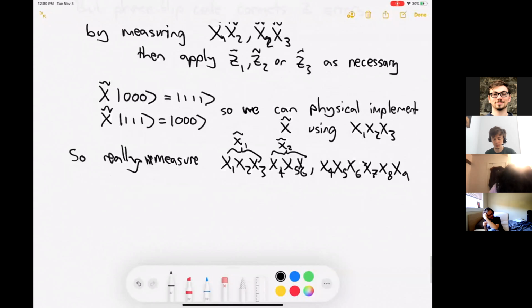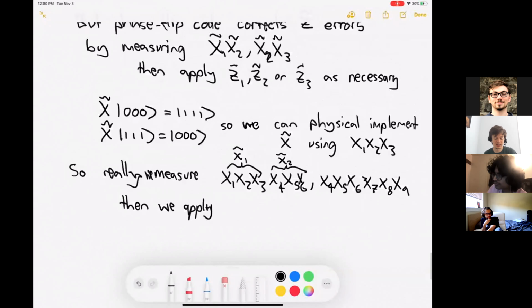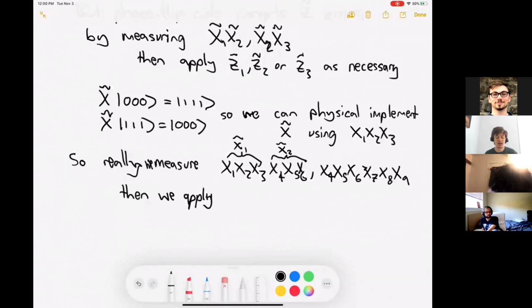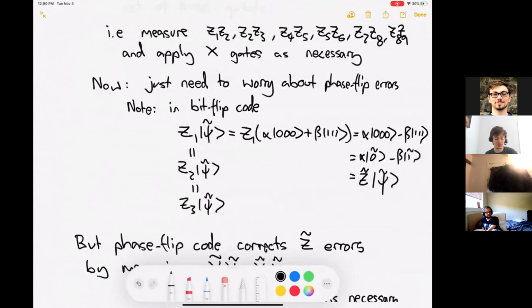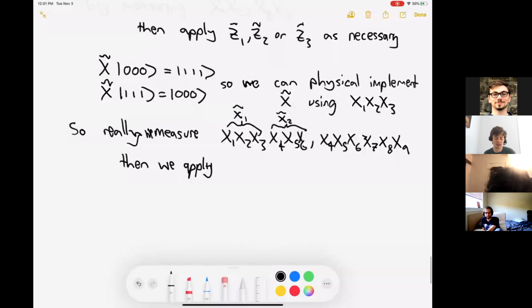Okay, and then we correct the error by applying Z tilde 1, Z tilde 2, or Z tilde 3. How do we physically apply a Z tilde? Well, we already worked that out, right? We can do that by applying Z to the first physical qubit, or Z to the second physical qubit, or Z to the third physical qubit. It doesn't matter. They all do the same thing for the actual logical states.